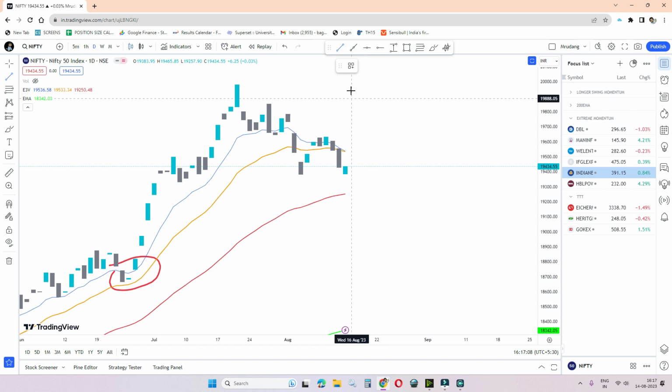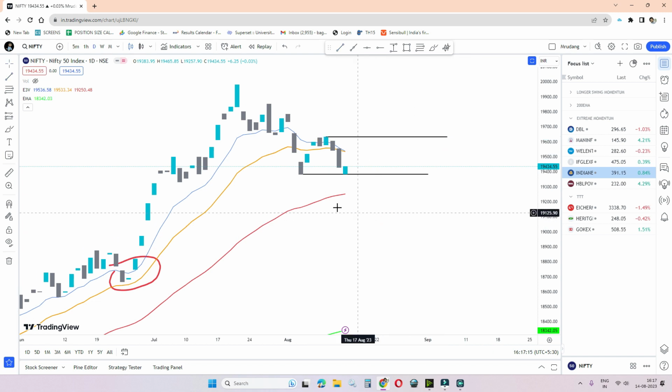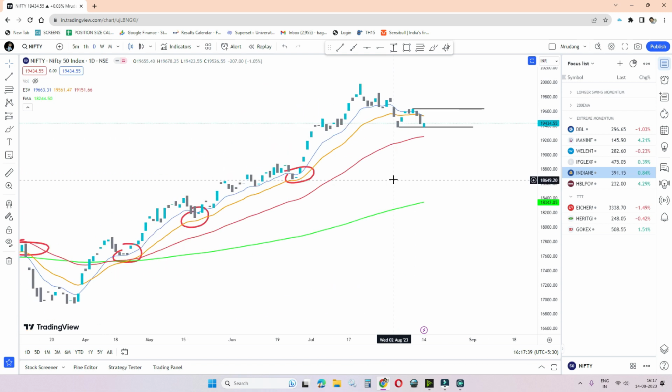So as I told yesterday, till the market breaks out of either of these two levels, I will consider it a sideways market. If it breaks down, maybe I will possibly start shorting the market, and if it breaks out, I will definitely start buying stocks. Till then it is sideways.